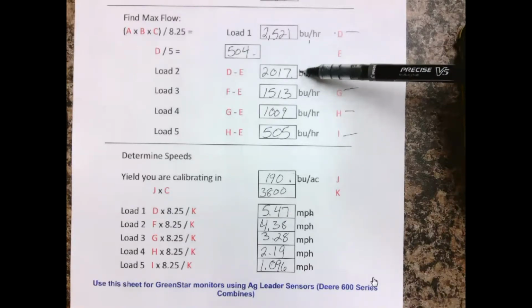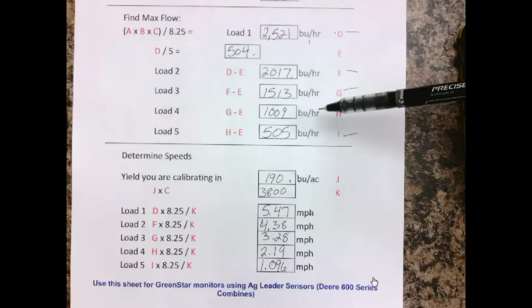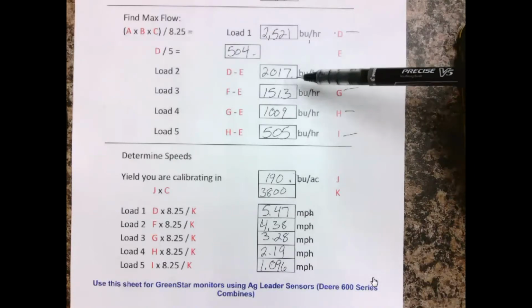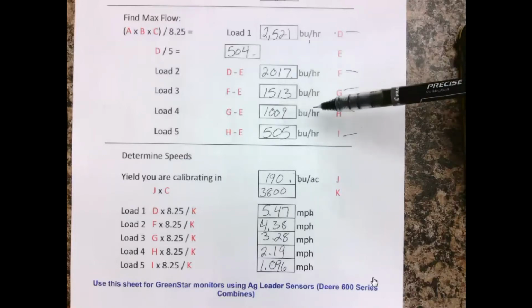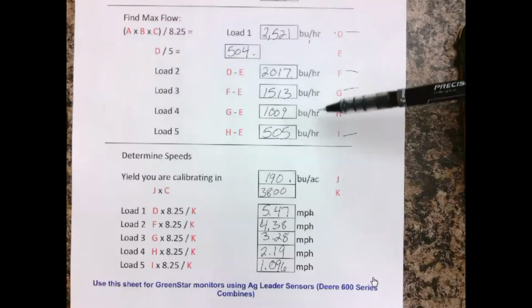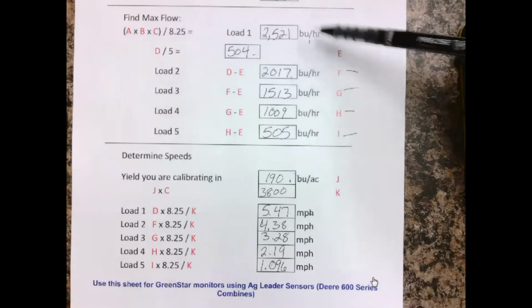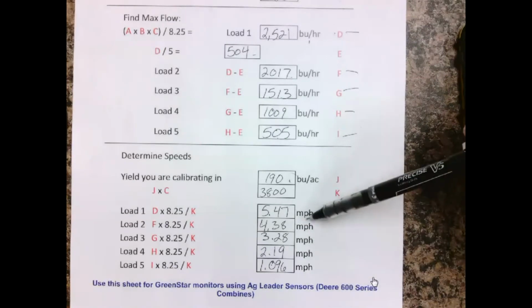Number two is what you see on that monitor is the corn that you've drove through a few seconds before. So if it starts dropping, you may actually start speeding up, but you're actually reacting to something that happened behind the combine already. And you'll always be reacting late, and you have a tendency to overcorrect if you're trying to set this off of the flow itself. So we definitely recommend you do it off speed.